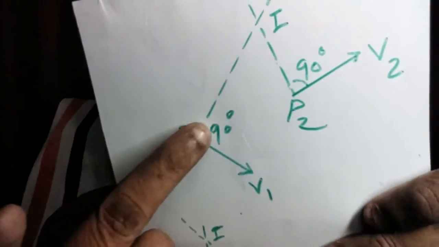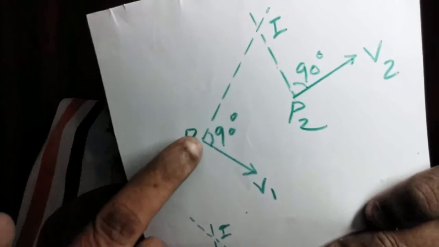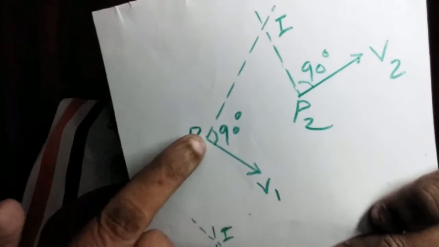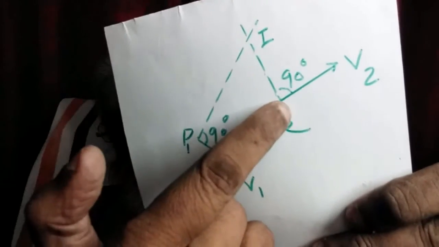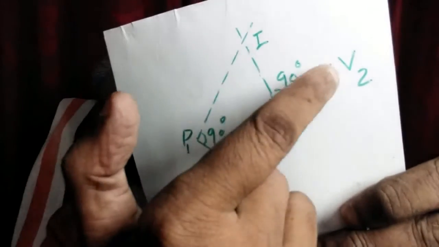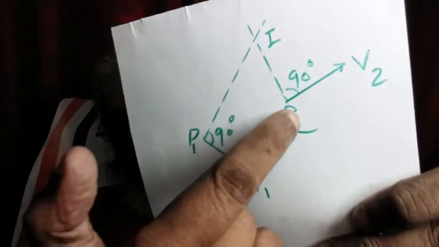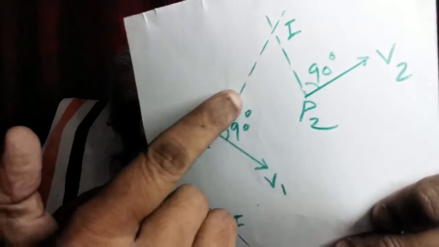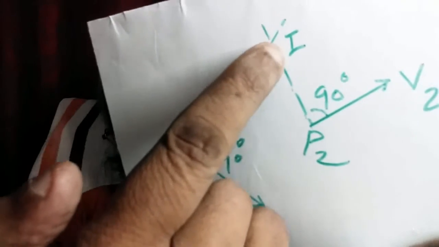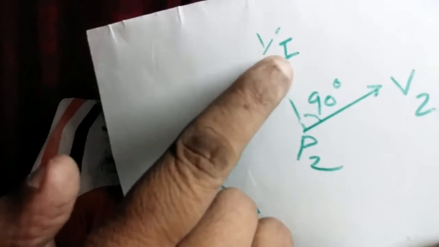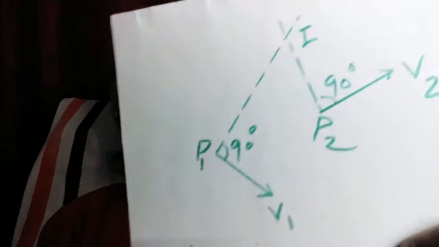So here is the perpendicular drawn to V1 from its foot. This is the perpendicular drawn from the foot of the velocity vector V2. The two perpendiculars meet at I. So I happens to be the instantaneous center in this case.